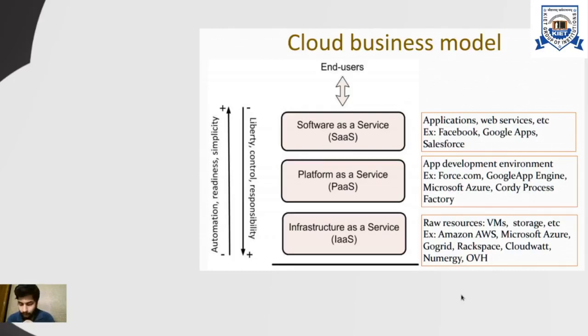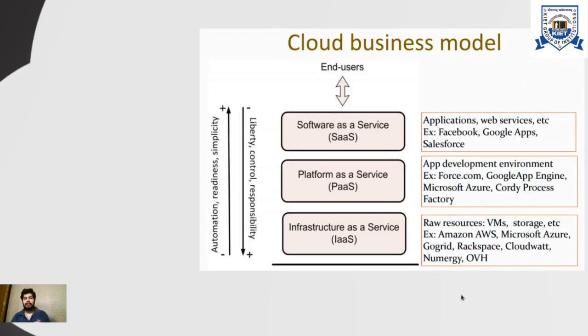Now see, platform as a service: what do we mean by platform? In computer science, a platform can be regarded as all those hardware and software tools which can be used for application development.